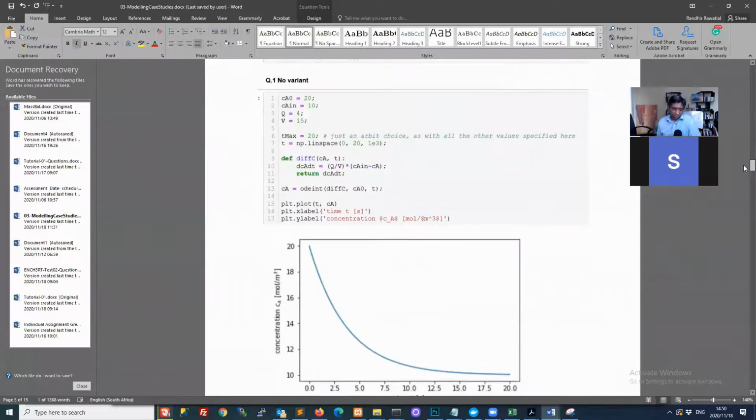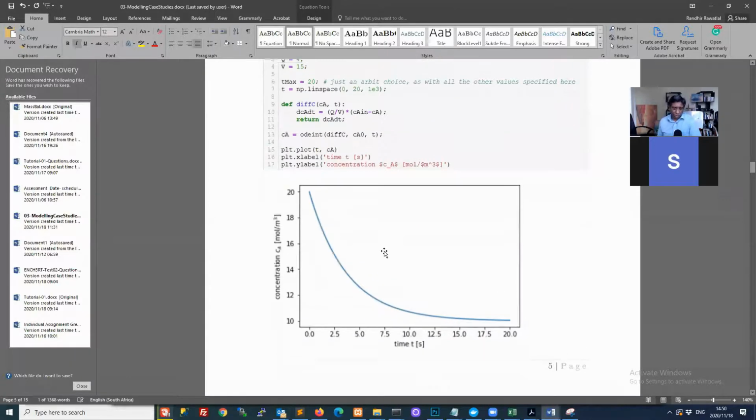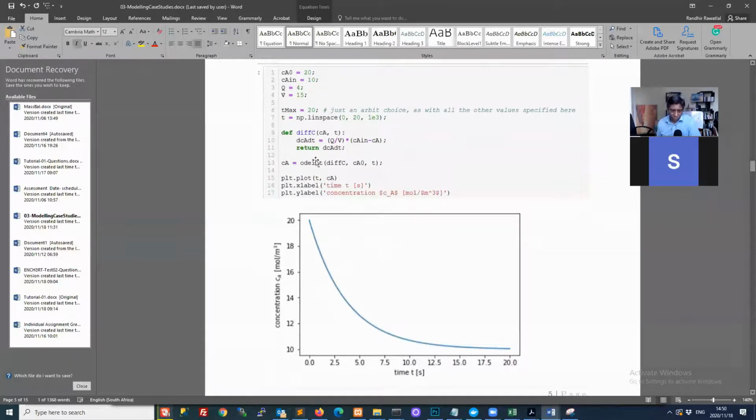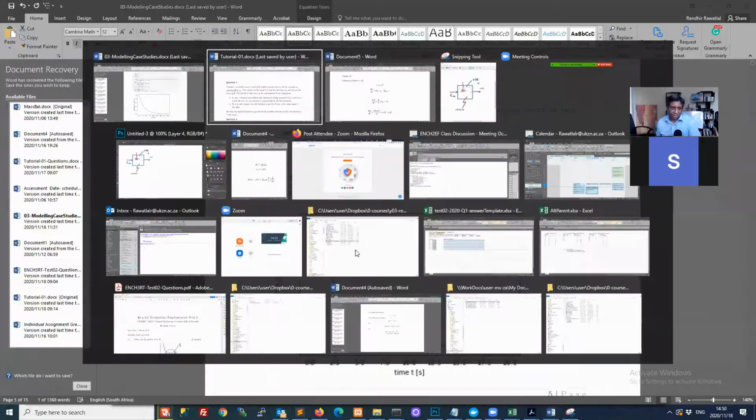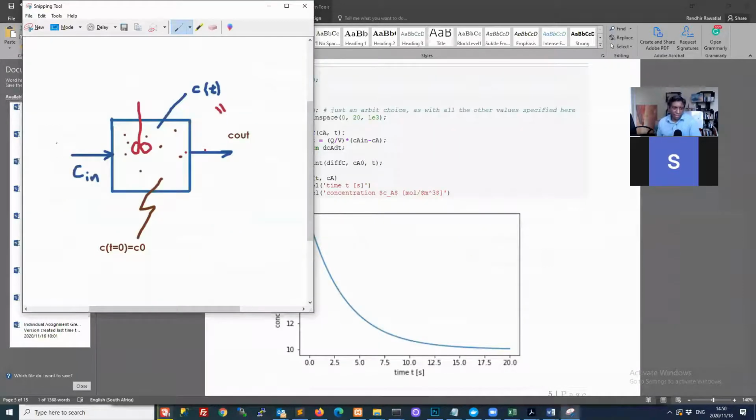Here we have an initial concentration of 20, and your inlet concentration is 10, and then your flow rate and volume are just chosen there. You can see if you simulate this using the ODE integrator, you start at 20, and then the concentration drops over time, and it ends up at 10. The reason for that is as time goes on, the fluid in here is being washed out of the system.